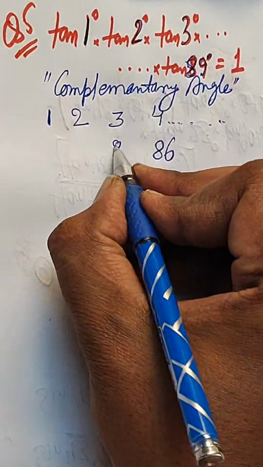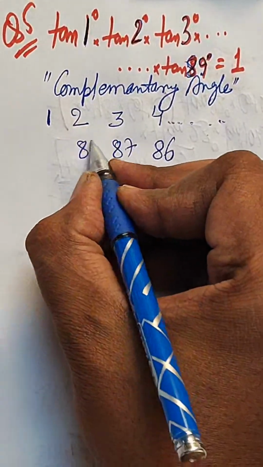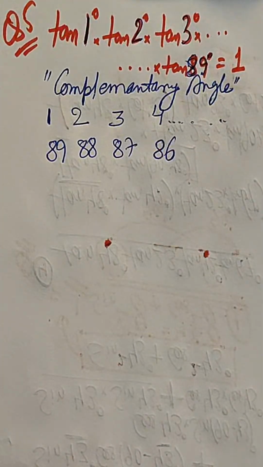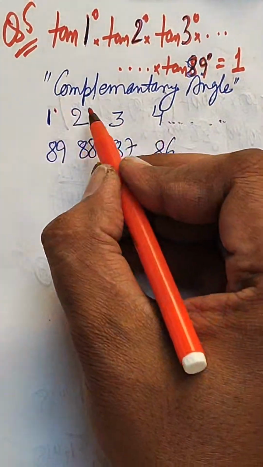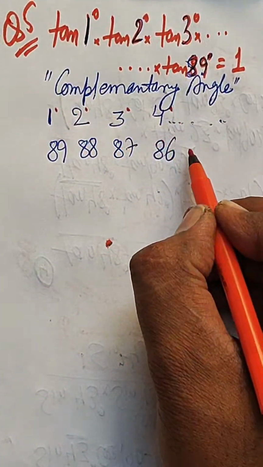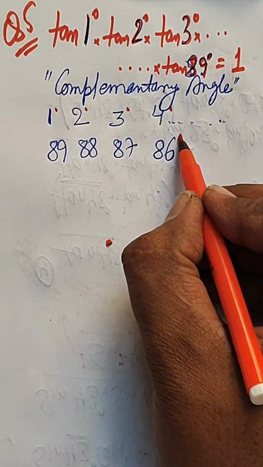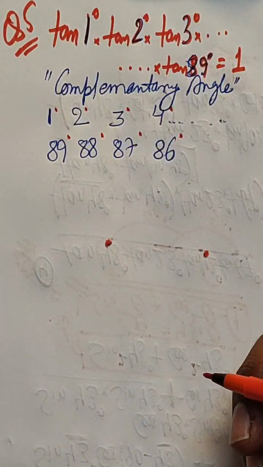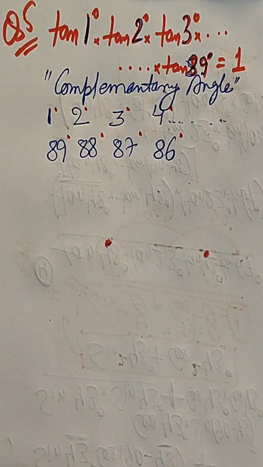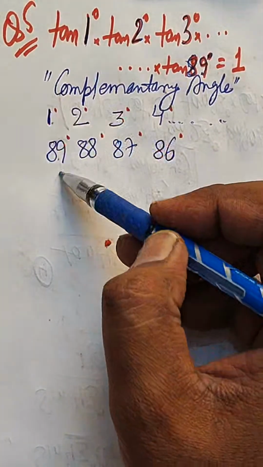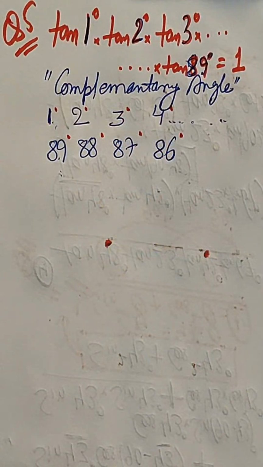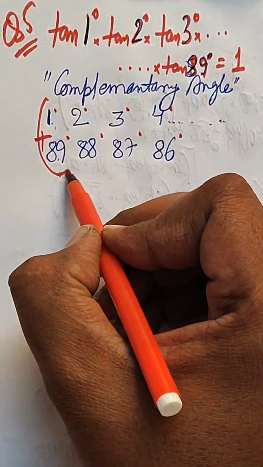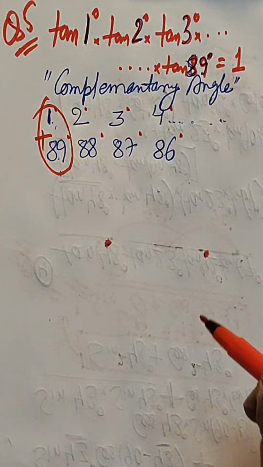86, 87, 88, 89. All these are the angles: 1 degree, 2 degree, 3 degree, 4 degree till 85, 86, 87, 88, 89. So what you will see, when you add 1 with 89, it will form a pair of complementary angles.